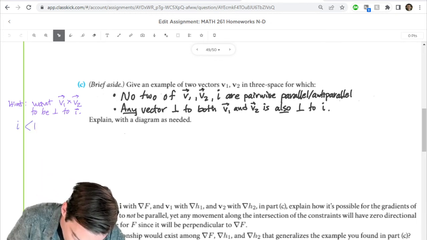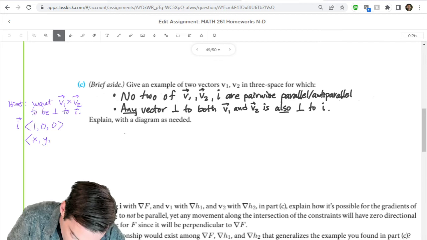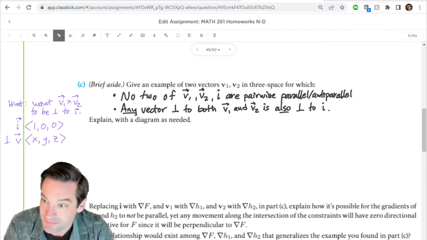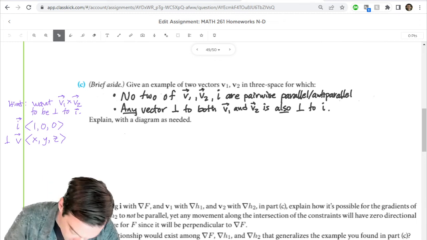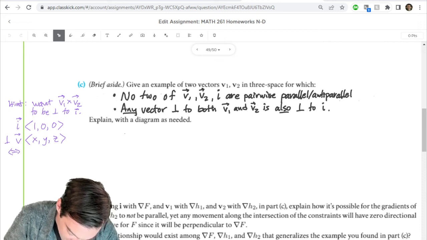If we have the vector 1, 0, 0, what do I know about the components, let's call them x, y, z, of a vector v which is perpendicular to i? What constraint does that put on the components x, y, and z? Well, if x is 0, any vector v would be perpendicular. Yeah, exactly. x is 0, but y and z can be anything.